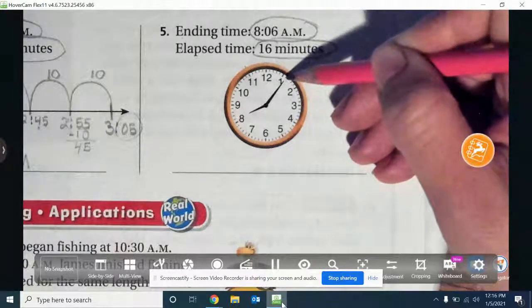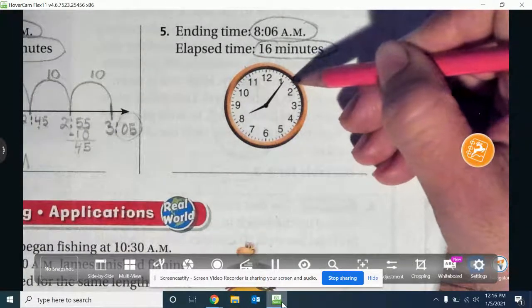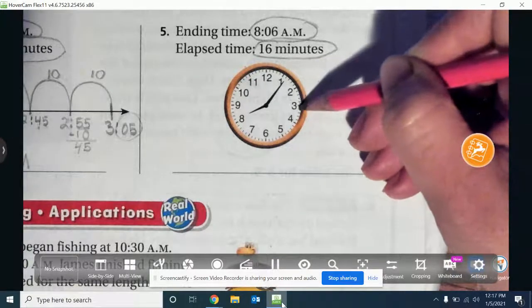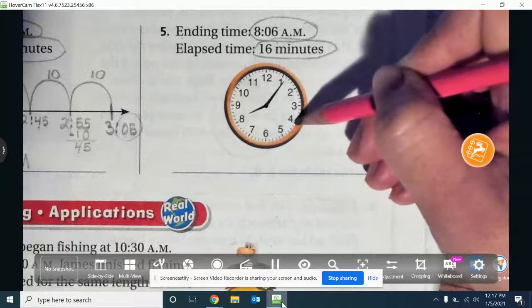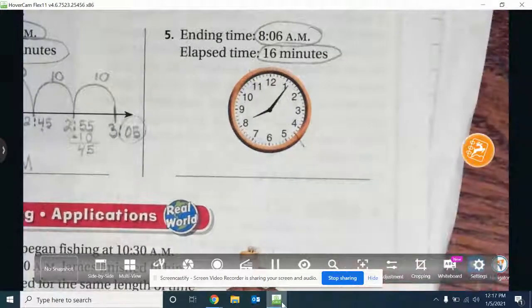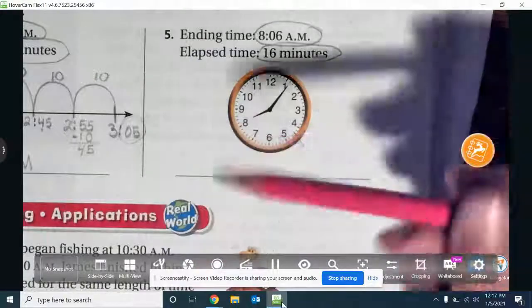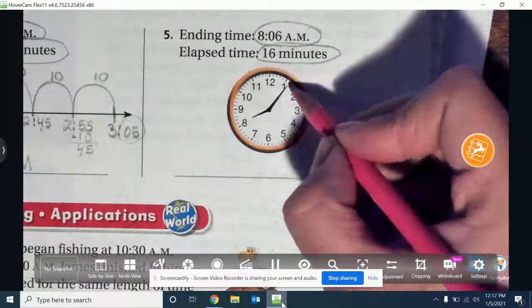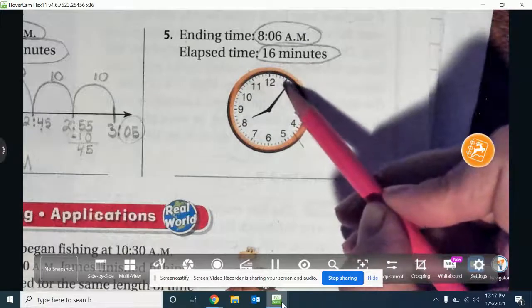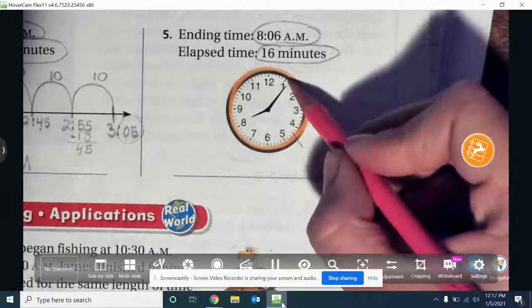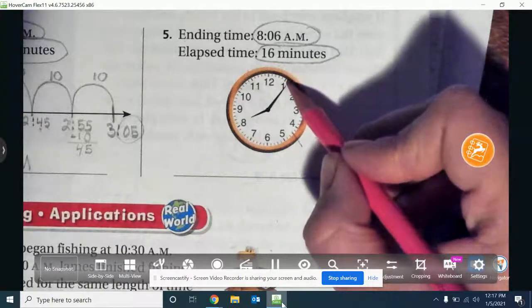We can either go, so it starts here, 1, 2, 3, 4, 5, 6, 7, 8, 9, 10, 11, 12, 13, 14, 15, 16. Or if you don't want to count by ones, we can just count by fives. So first of all, since it doesn't end exactly at the 1, it's 1 after, I'm just going to add these by ones first.